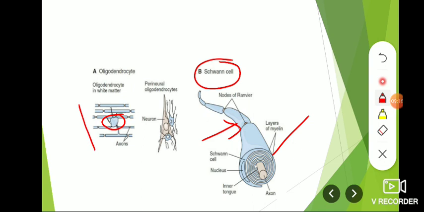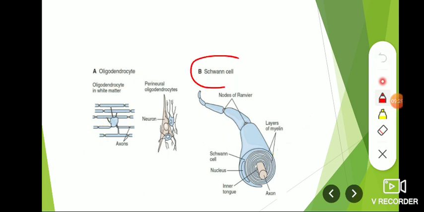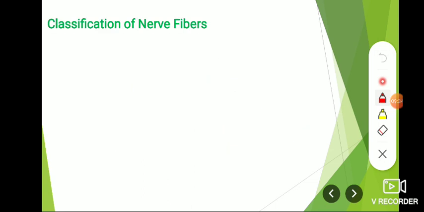A single cell is covering multiple axons, again forming similar myelin sheaths. So oligodendrocytes form myelin sheath in the CNS, and Schwann cells form myelin sheath in the peripheral nervous system.